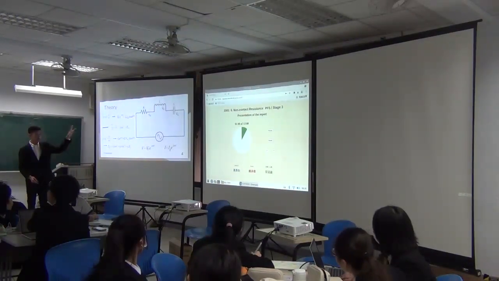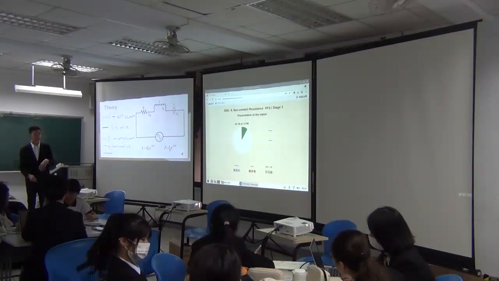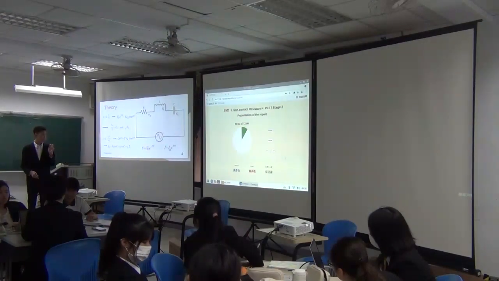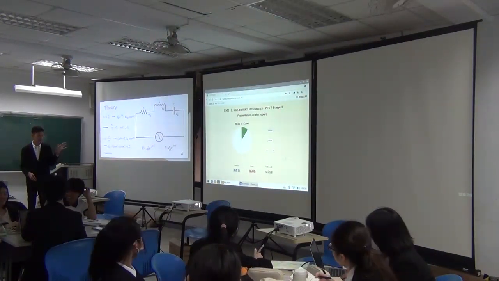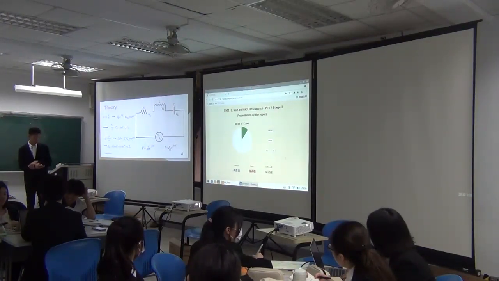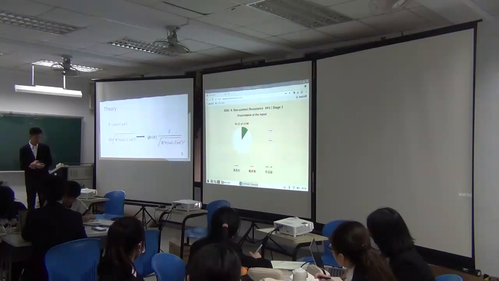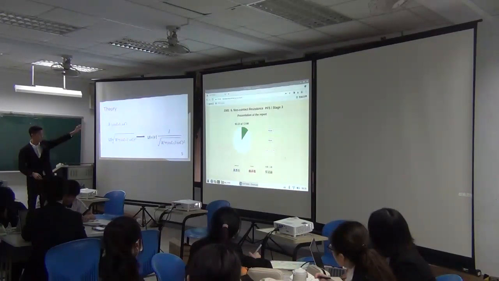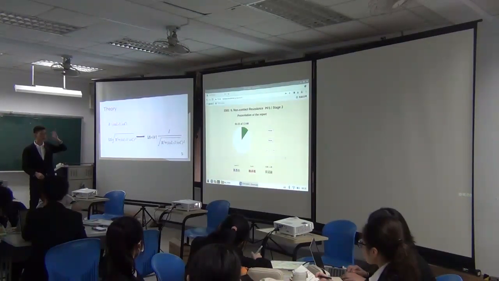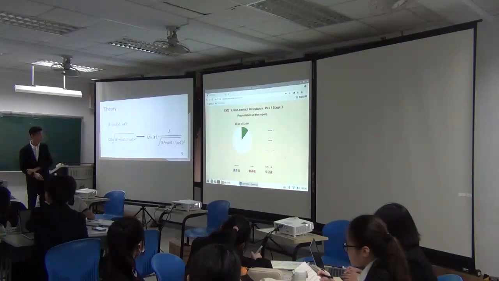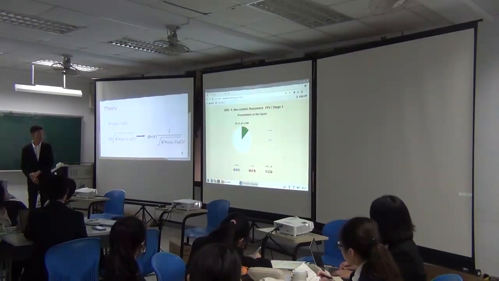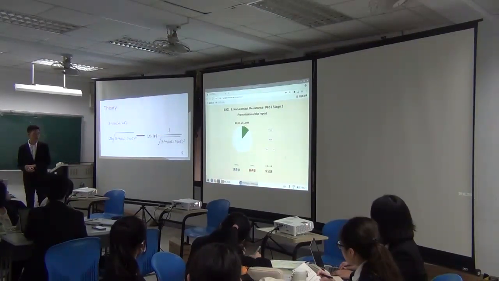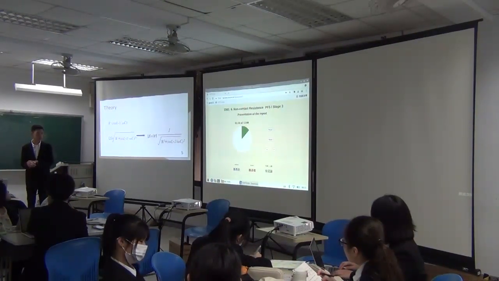This equation symbolizes the impedance in this RLC circuit, and here is the value of the impedance. By this equation, we can get the relation between the voltage, the current, and the resistance.